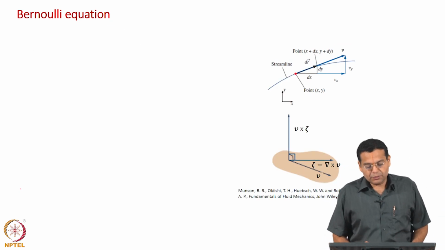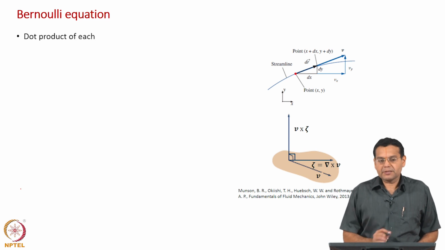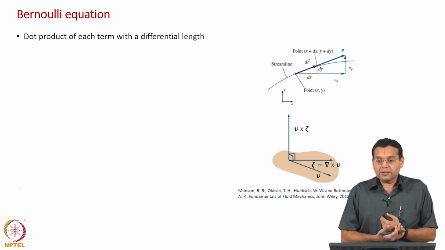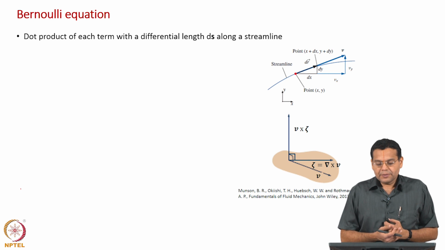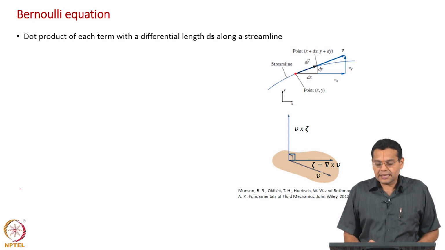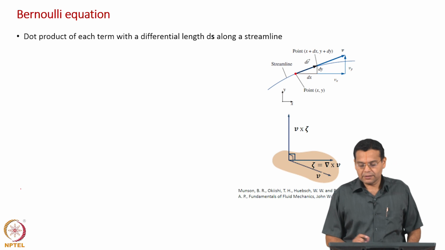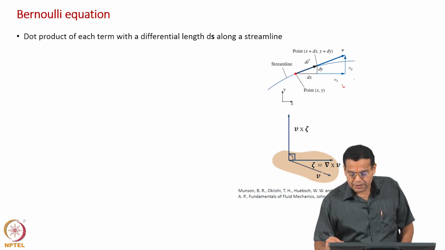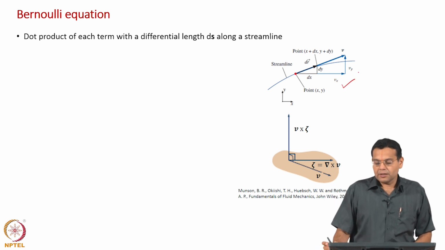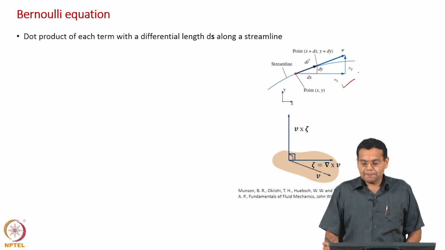Now what we are going to do is, in the previous equation, take a dot product of each term with a differential length ds vector along a streamline. What is shown here is a figure from our discussion on streamlines, the same diagram.